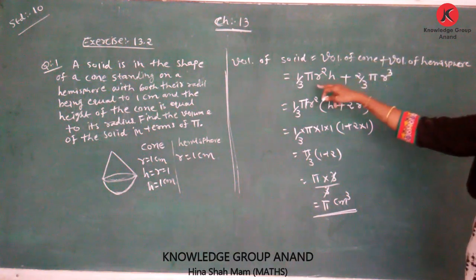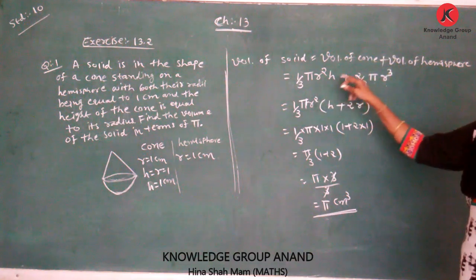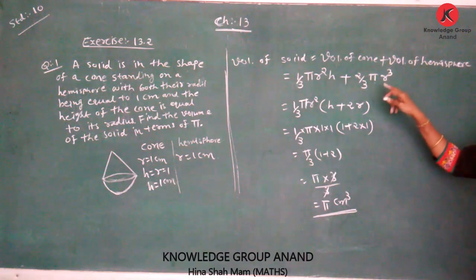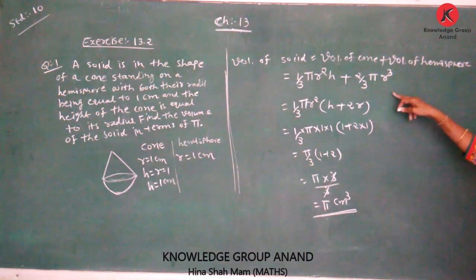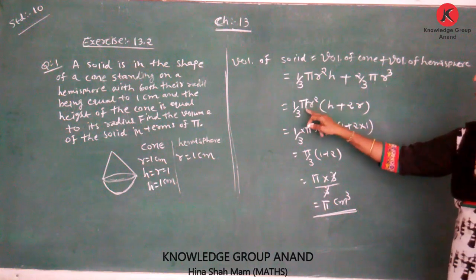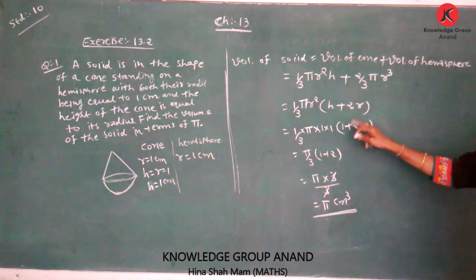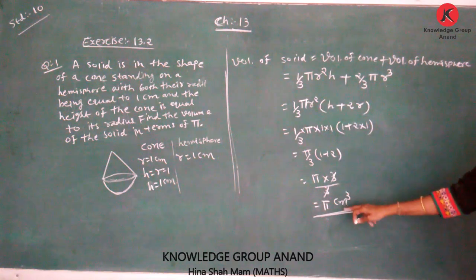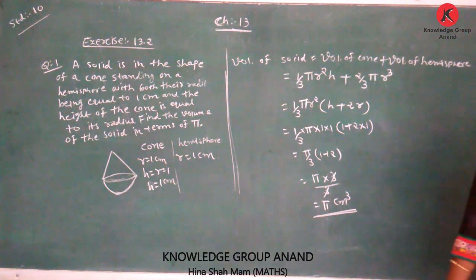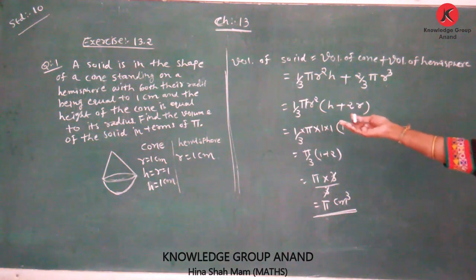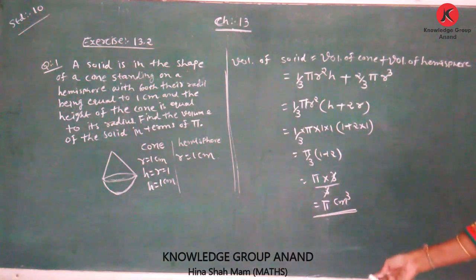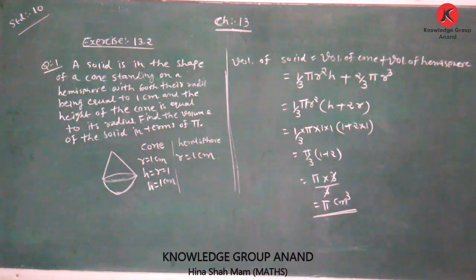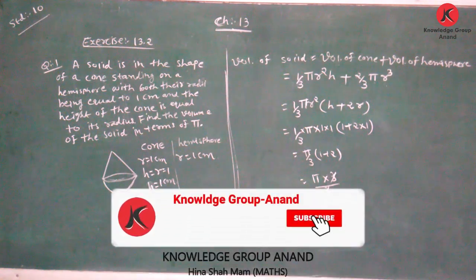Volume of cone is equal to 1/3 pi r square h. Volume of hemisphere is equal to 2/3 pi r cube. Then common terms 1/3 pi r square h plus 2r. I put the value here. Then answer is equal to pi centimeter cube. Otherwise, if the answer is not in terms of pi, then we say 22/7 centimeter cube is equal to 3.14 centimeter cube. Now question number 1 completed.